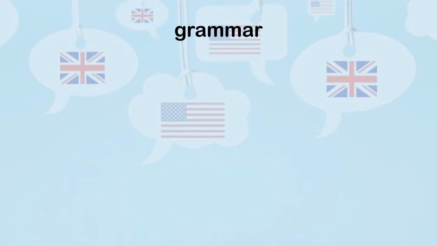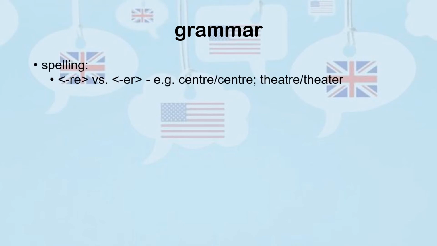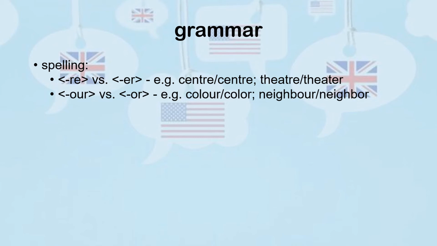Also in grammar we have differences. The one that probably is most evident is spelling. There are plenty of differences. At the ends of words you get RE versus ER, for instance, in the words centre and theatre. The first one is the British English spelling, the second one the American English spelling. You have the OUR versus OR: colour, neighbour.